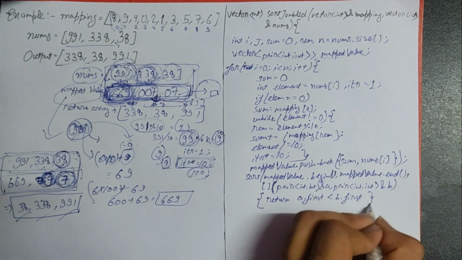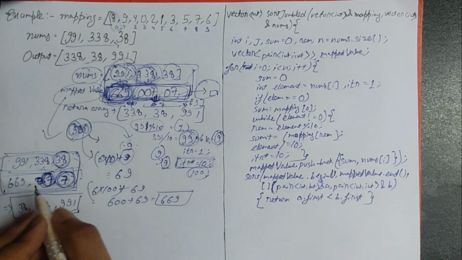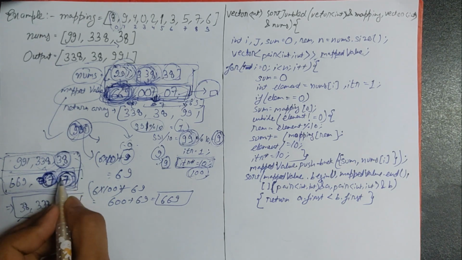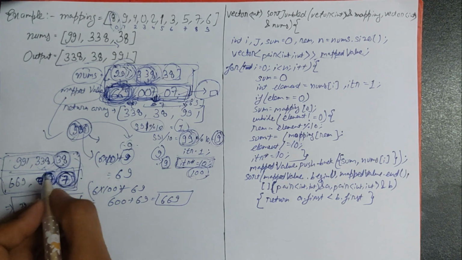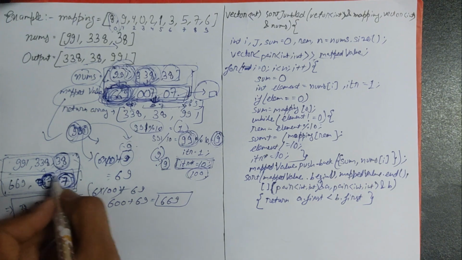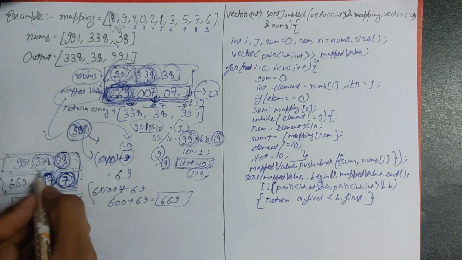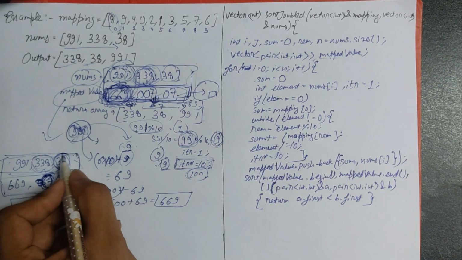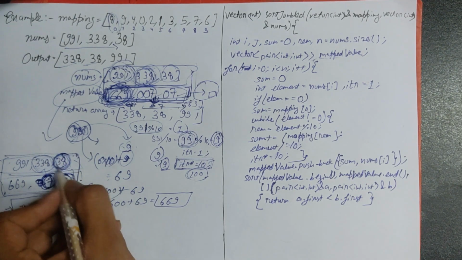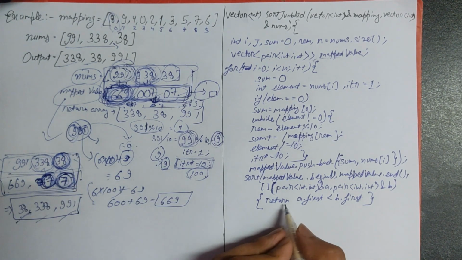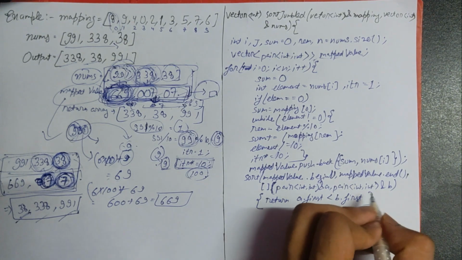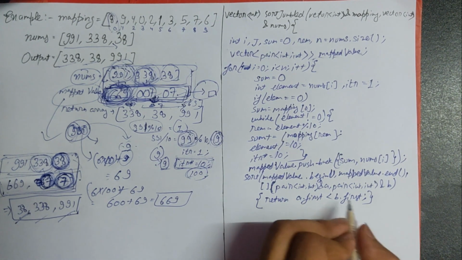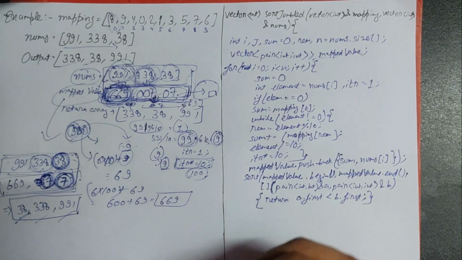This all thing I'm writing because we need just to sort on the basis of the first value. If both values are same, it will also compare these values by this vector, and it will give the smallest value at the starting. So that's why we need to write return A dot first less than B dot first. So by doing this, we are sorting on our opinion.